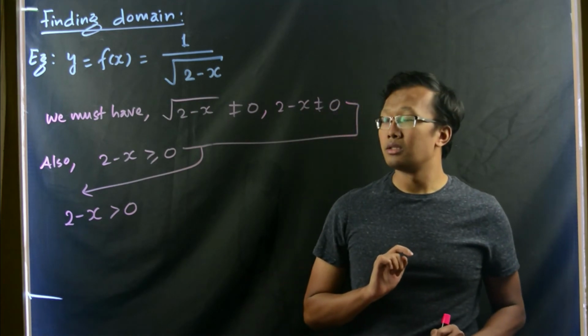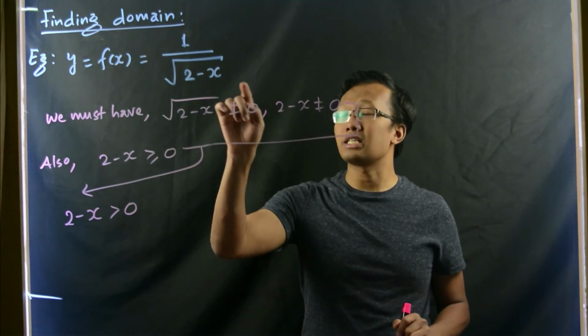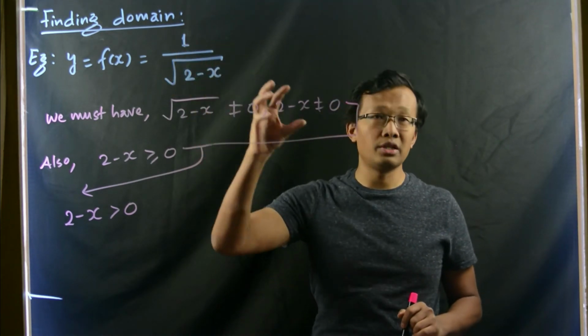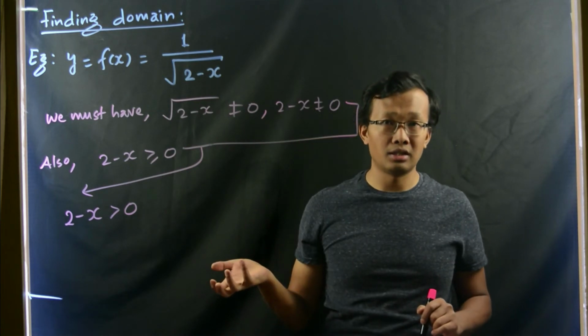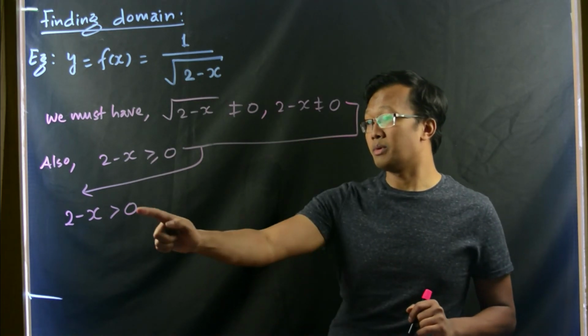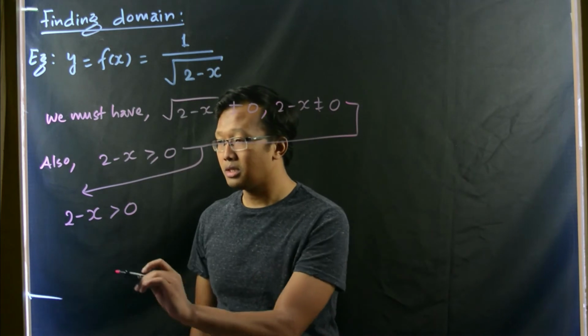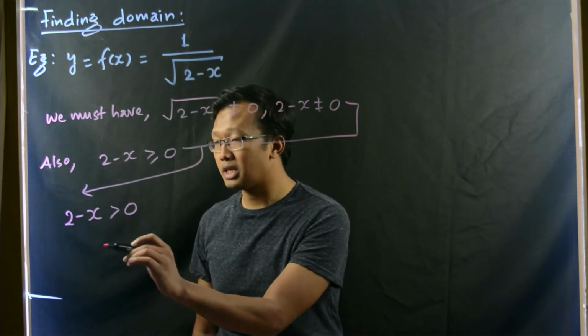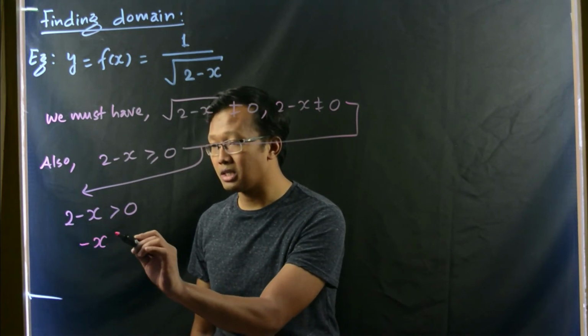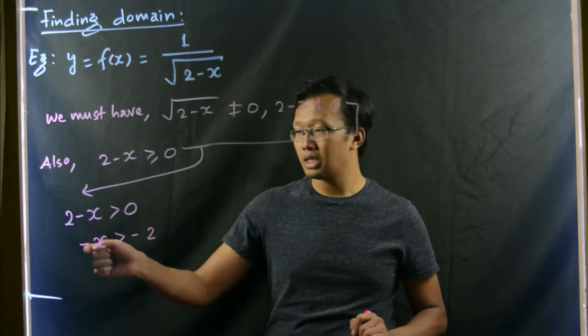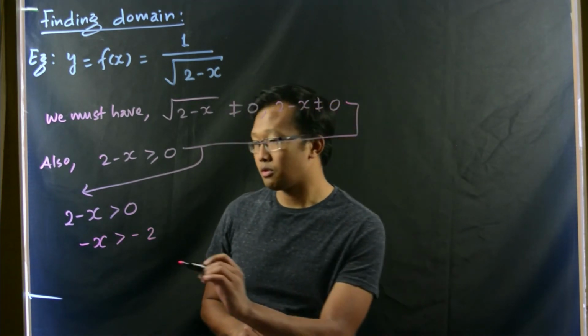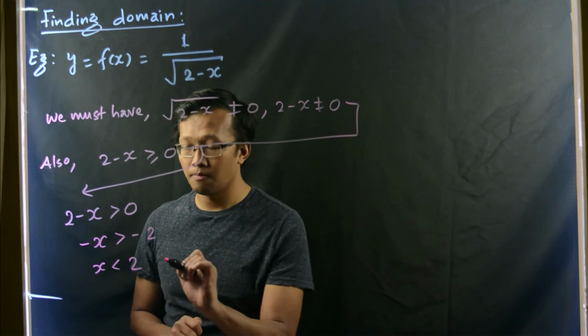If we have 2 minus x equals 0, then this quantity will turn out to be undefined. So let us solve this. Let us subtract 2 from both sides, which will give us negative x is greater than negative 2. Divide both sides by negative 1, so that will give us x is less than 2.